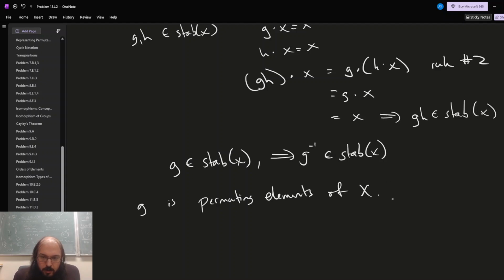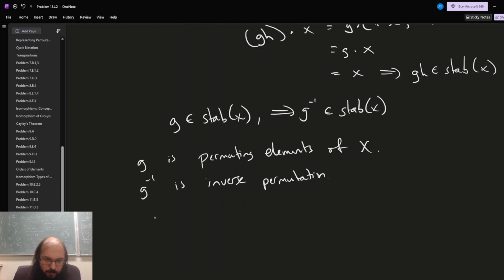This is required. And so if G is permuting elements of X, then G inverse is the inverse permutation. And so, well, if this permutation fixes X, then the inverse function fixes X as well. And we're done.